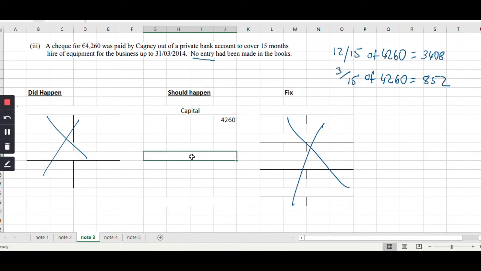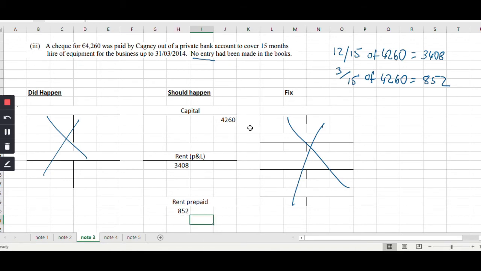So for the P&L account, rent of the equipment for this year, we would debit 3,408. Going into next year, the 3 months, which would also be called rent, but we call it prepaid, would be 852, and that would be in the balance sheet.